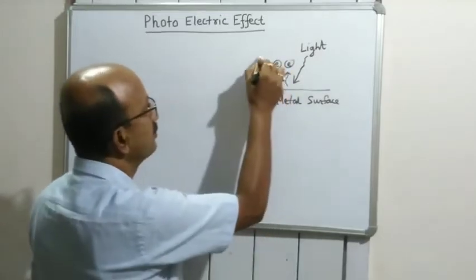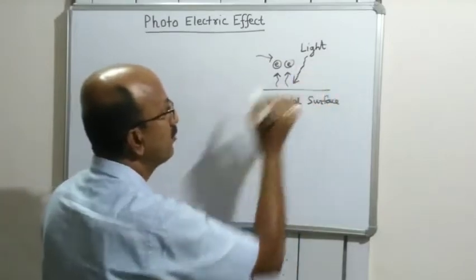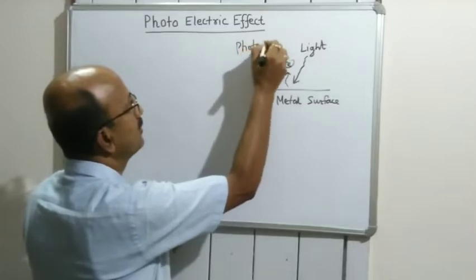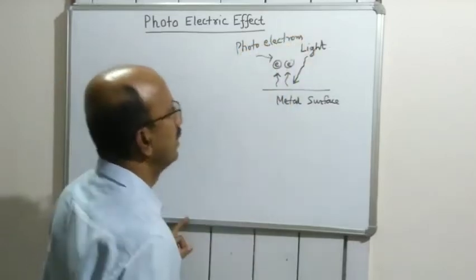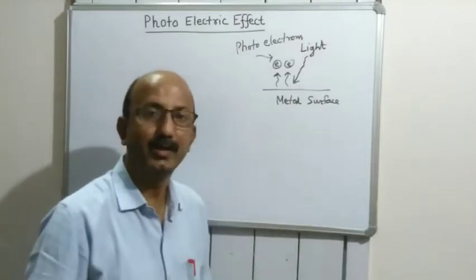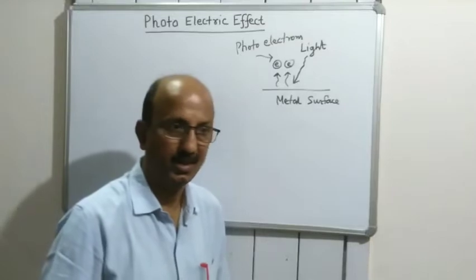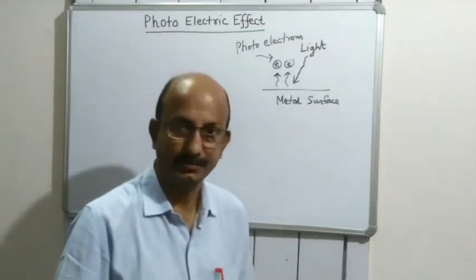Now these electrons, which are emitted by this metal surface when light falls on it, are known as photoelectrons. And the whole process is known as photoelectric effect. And this emission of electrons is known as photoemission.